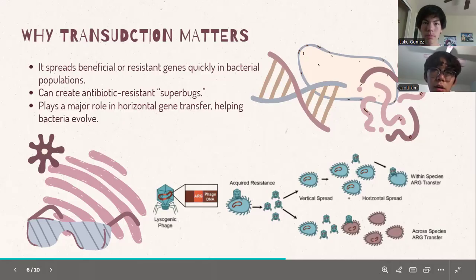Over time, this allows resistance to spread not just into one specific type, but across many different species of bacteria. So antibiotic resistance can move from one bacteria to another species, turning an environmental bacteria that's harmless into a dangerous one that could cause human illness.